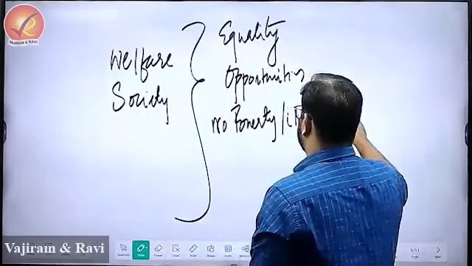Clear? Please write. The Supreme Court states that the aim of democratic socialism is to eradicate poverty, illiteracy, disease, and inequality of opportunity.